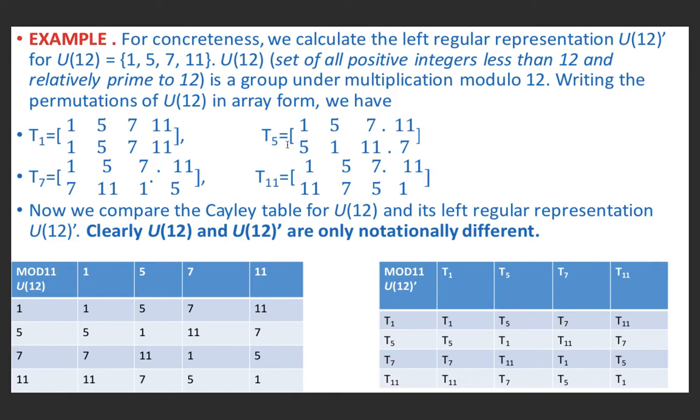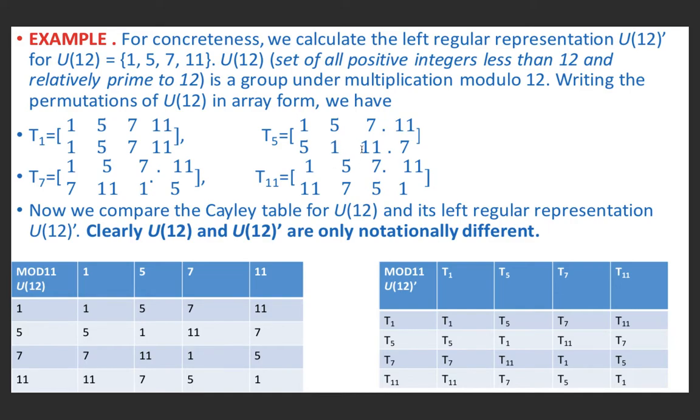For T5, if we operate 5 with the first row, then 5 star 1 is 5. 5 star 5 is 25, and if we divide 25 by 12, the remainder is 1.